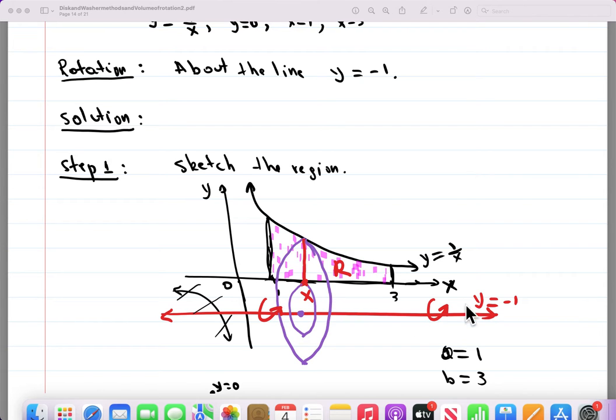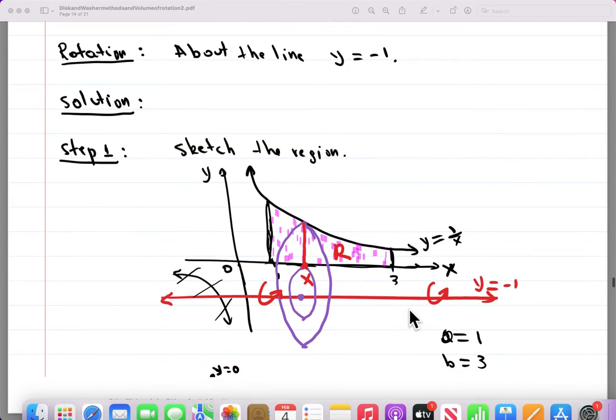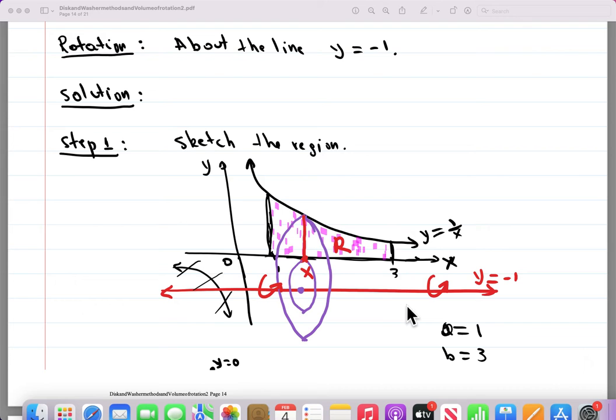So we mark the rotation by those curved arrows, and as you can see, the region is bounded by x equals 1 and x equals 3. So this will be our limit of integration. So a is 1, b is 3.